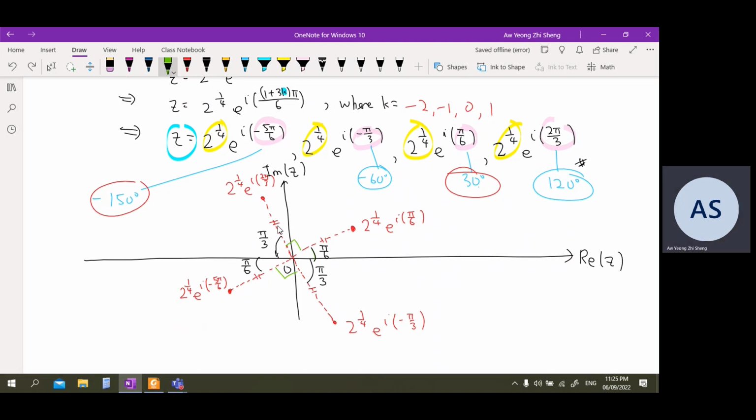Okay, and since the distance from origin to each of the 4 points are the same, when we connect these 4 points, the question didn't really ask us to connect the 4 points, they only asked us to show the roots in an Argand diagram.